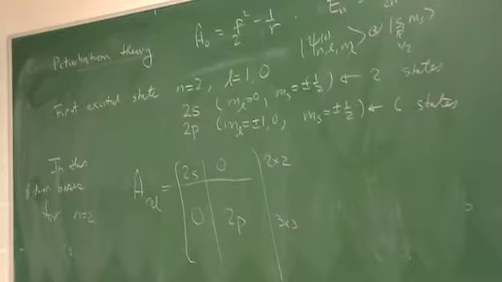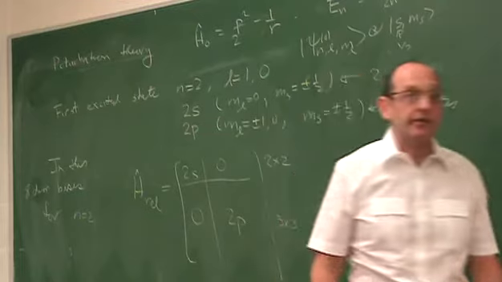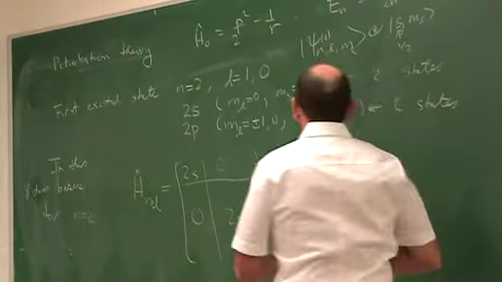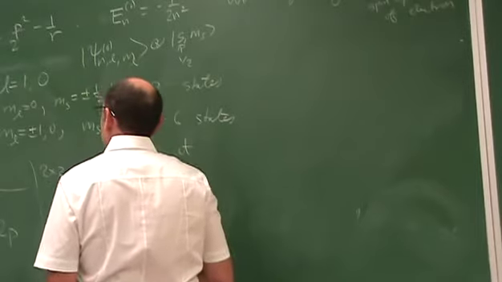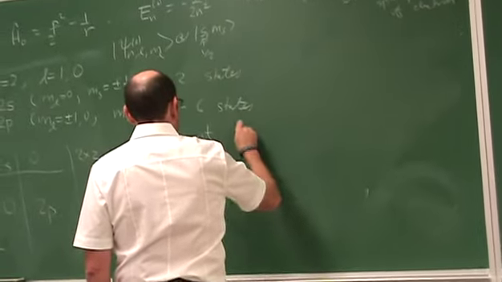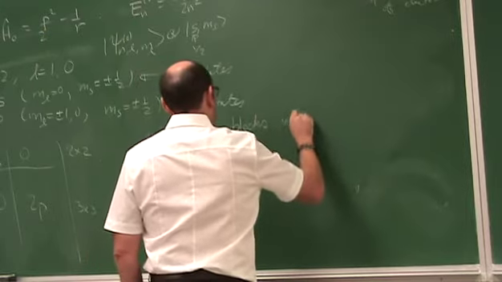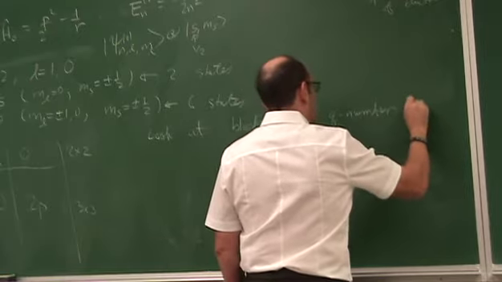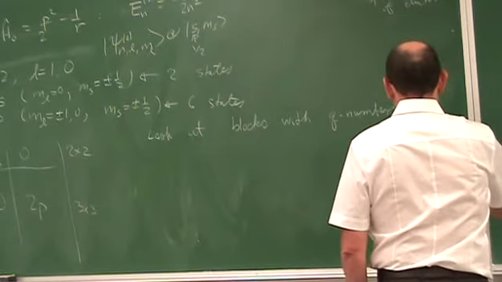So let's look first at these blocks, and then we'll think about these off-diagonal when they're 0. So let's look at blocks with quantum numbers n, m, and then all possible n, l, and n, s.